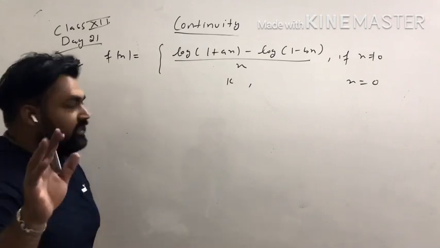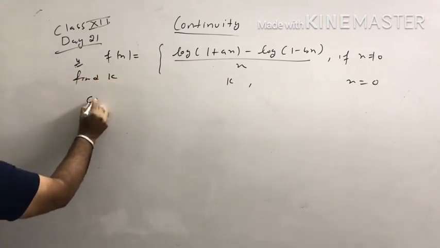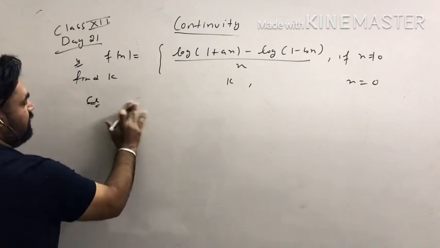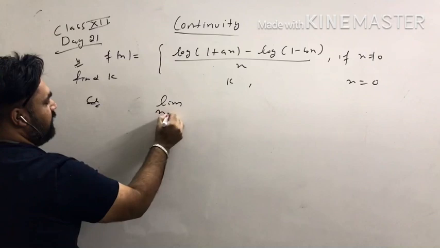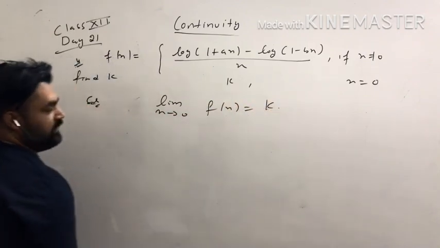We have to find k. Find k. So solution: the limit as x tends to 0 of f(x) equals k, f(0).